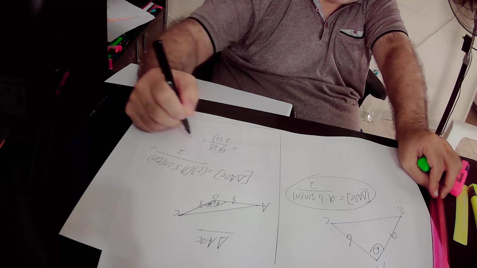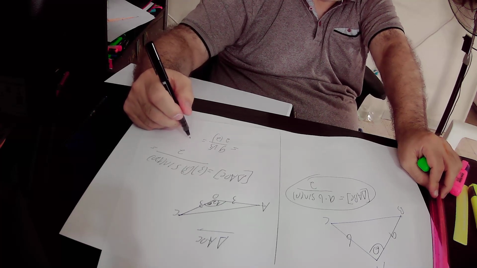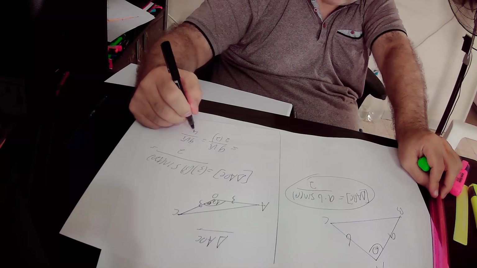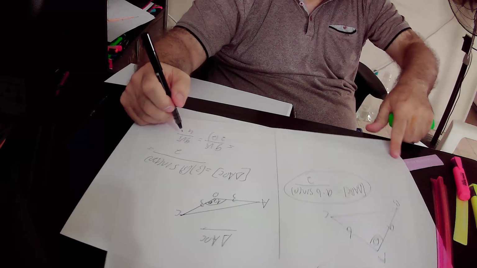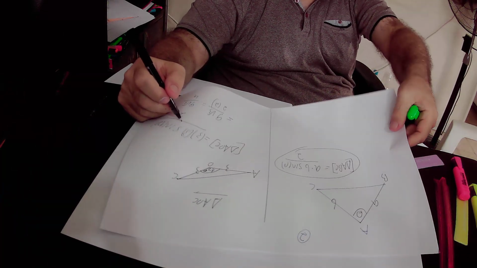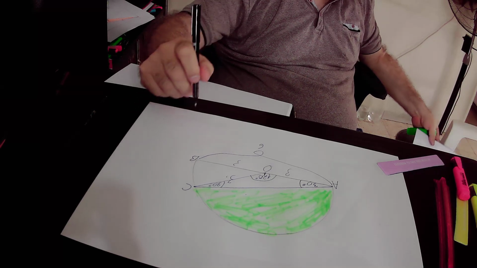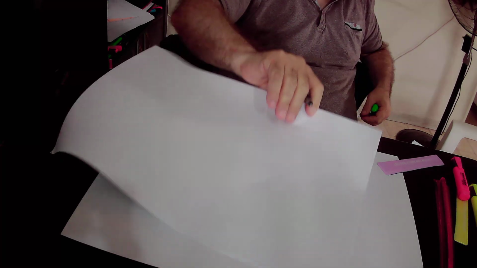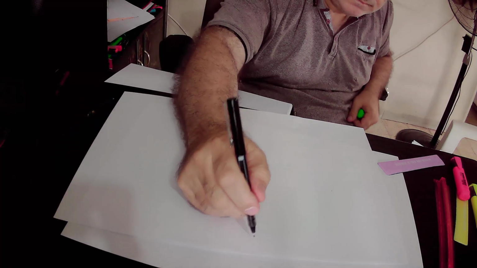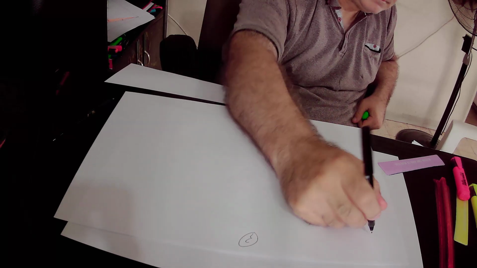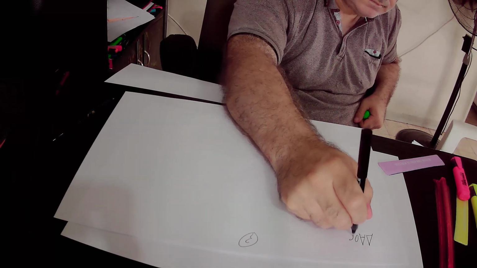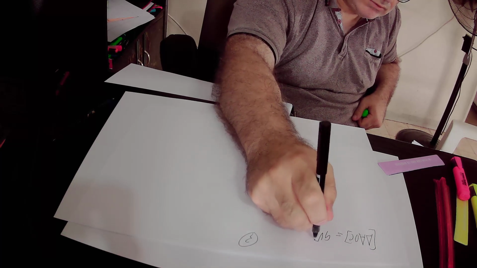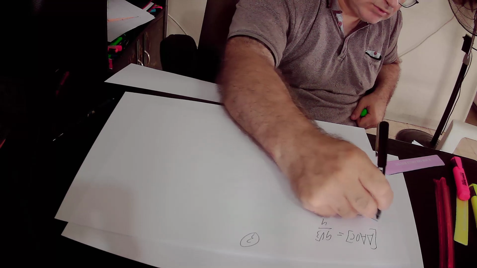So in conclusion, we found out that the area of triangle AOC equals 9 times square root of 3 over 2 times 2, which is 4. So here we found out that the area of triangle AOC is equal to 9 times square root of 3 over 4 square units.